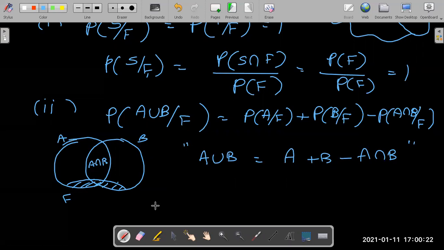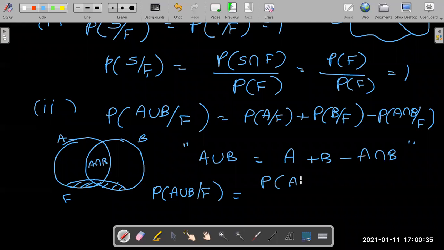Otherwise, the actual formula is probability of A union B given F equal to, by definition, probability of (A union B) intersection F divided by probability of F, because you need to use the intersection.